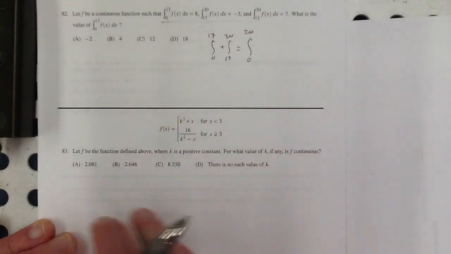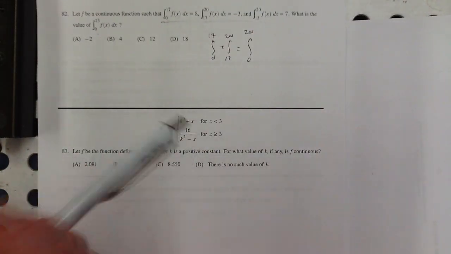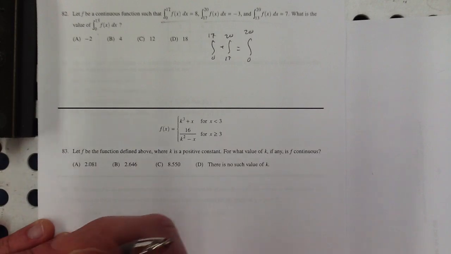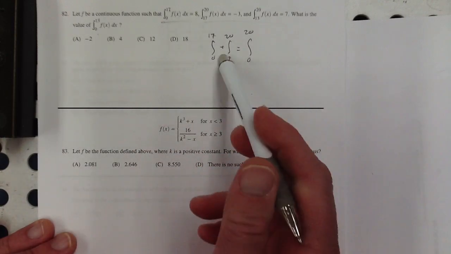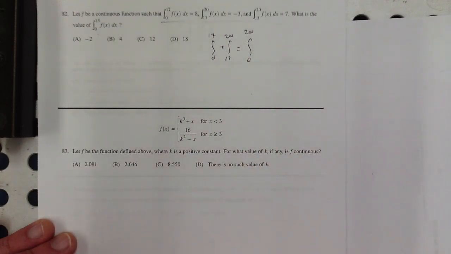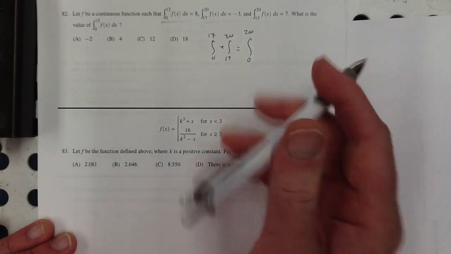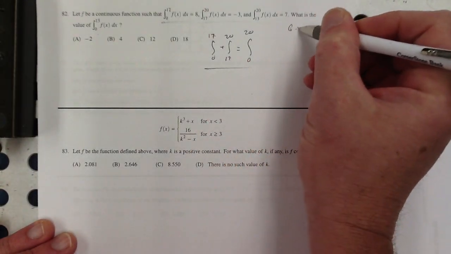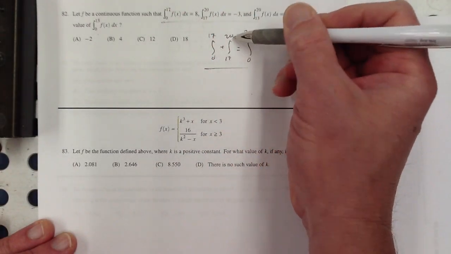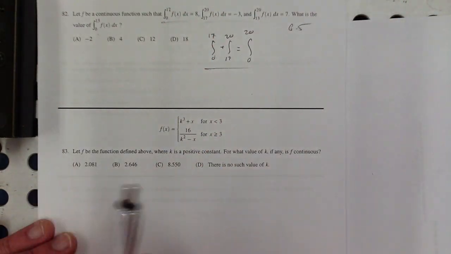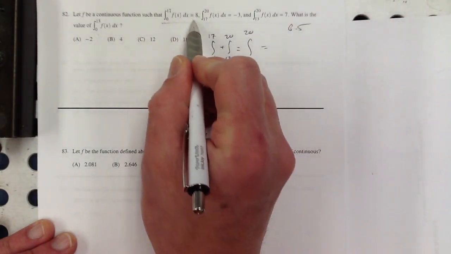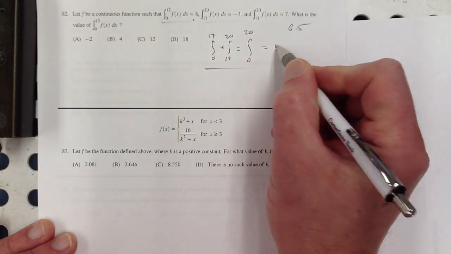These rules are early, like 6.5, maybe, that we got these rules. Just basic area. 0 to 17 plus 17 to 20 has got to give you 0 to 20, right? Just sticking them together. And that would be this plus this, that would be 5, right? 8 minus 3.